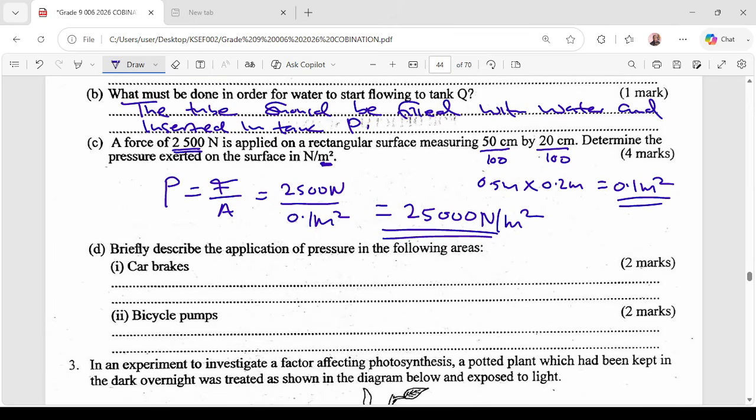I hope you are contented with that simple question on physics. B. Briefly describe the applications of pressure in the following areas. Car brakes.